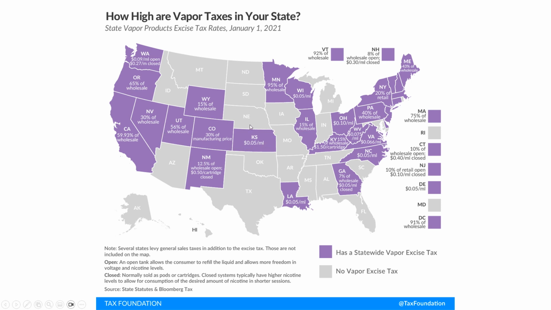And then other places have it in terms of a cartridge, in terms of milliliters. So there's always going to be some way to try and avoid the tax. For example, in the case of New Mexico, if it's 50 cents per cartridge, they'll just have these big drums, I guess. To avoid the tax, there's more economic incentive to have the big vape cartridges instead.